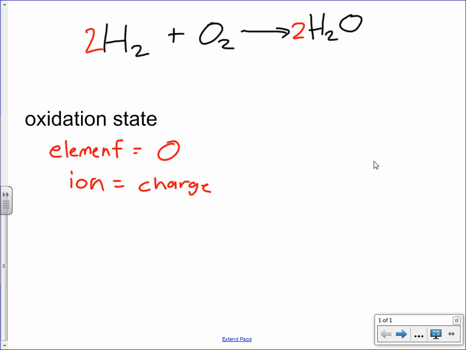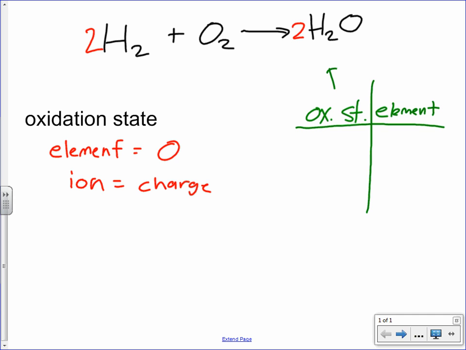Alright? So let's look back at our reaction that we just looked at with hydrogen and oxygen. So, let me make a little chart over here. We have oxidation state. Sometimes you'll hear it called oxidation number. Okay? And element. So we're going to look at the reactants first. So, let's look at hydrogen over here.